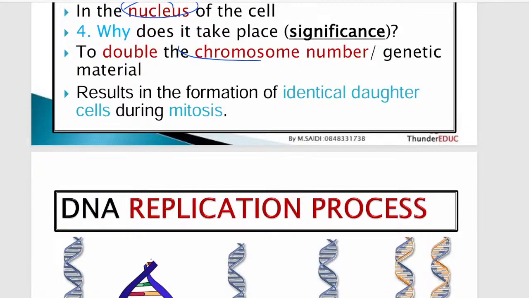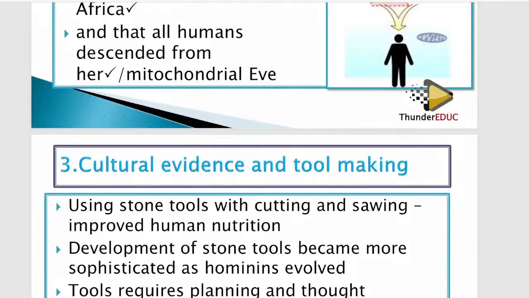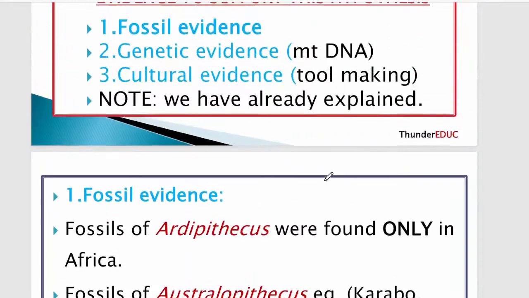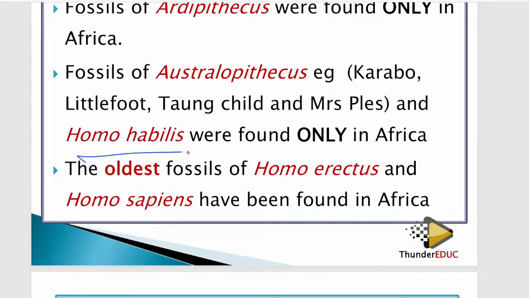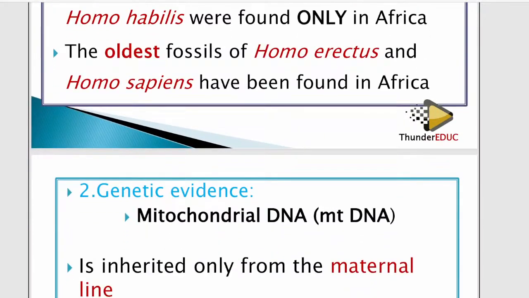This is what I said yesterday to support the out of Africa hypothesis, from our distinction material book. You see, here is the answer. The oldest fossil of Homo erectus was discovered in what?